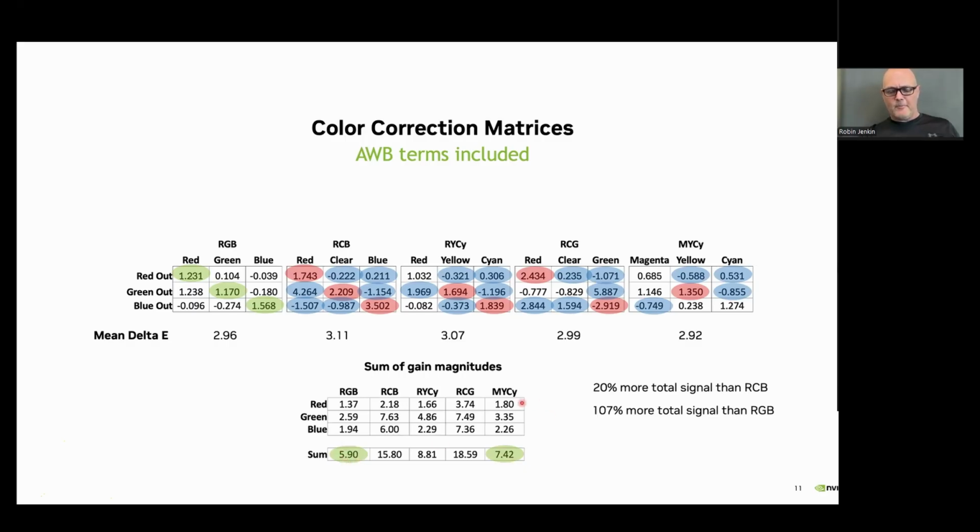So the MYCY actually turns out to be a pretty good candidate if we're looking for sensitivity, but we want to include a little bit of color. It actually has 20% more raw signal capture than RCB, and it's got 107% for this CFA set compared to the RGB. So it could actually potentially give us one stop advantage if we do that.